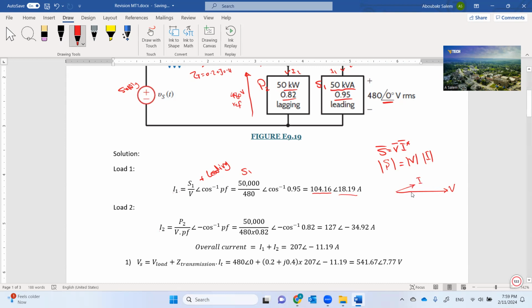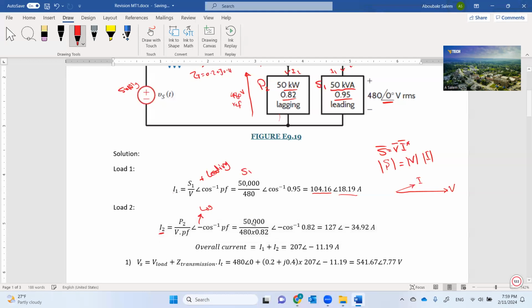This is leading, making sense for us. By the same way, we can get the current of the second load. I2: the active power equals V times I times power factor, so I equals active power divided by V times power factor, and the angle is cosine inverse of the power factor, but here it's a minus sign because for load number 2 the power factor is lagging.